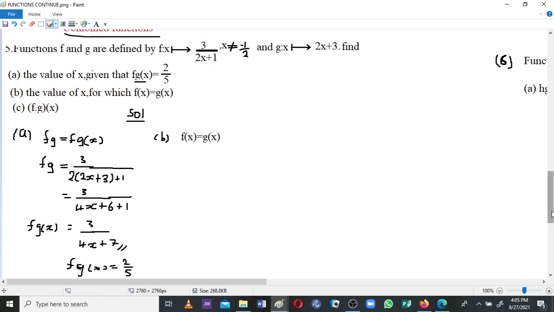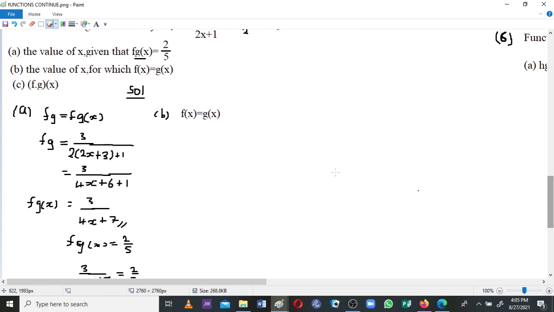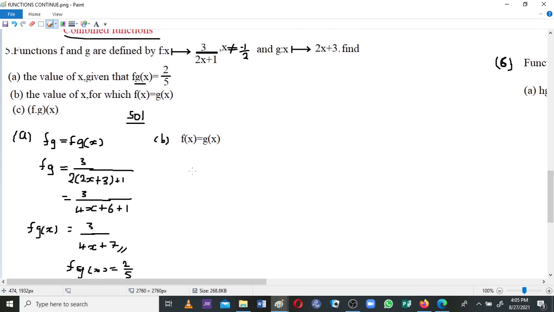So to solve this question, we are going to substitute. We have our function f(x), which is nothing but 3 over 2x plus 1, is equal to, now g(x), you also need to substitute there. Your g(x) is 2x plus 3.